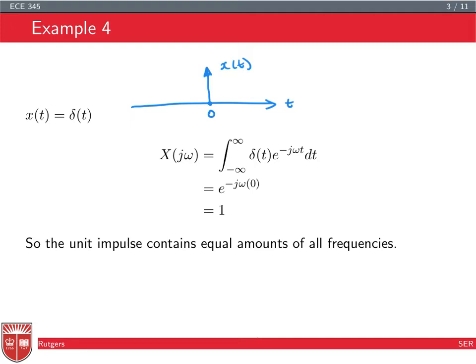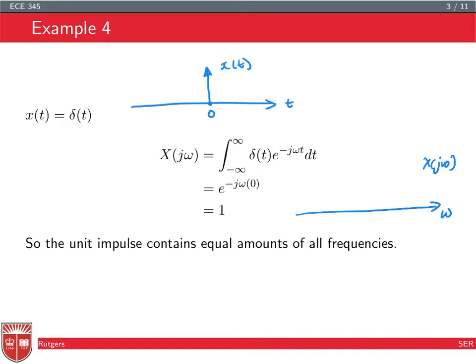So notice here that X of j omega is a constant function. If you want to draw it here, this is omega, and this is X of j omega. Because it's real, I don't need to draw the amplitude and the phase, since the amplitude is exactly the function itself.